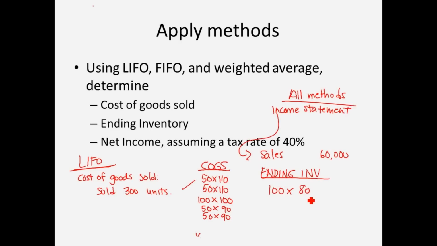Okay? So, now just confirm that whether we go forwards or backwards, you would get the same answer. So what is my cost of goods sold if I compute it this way?